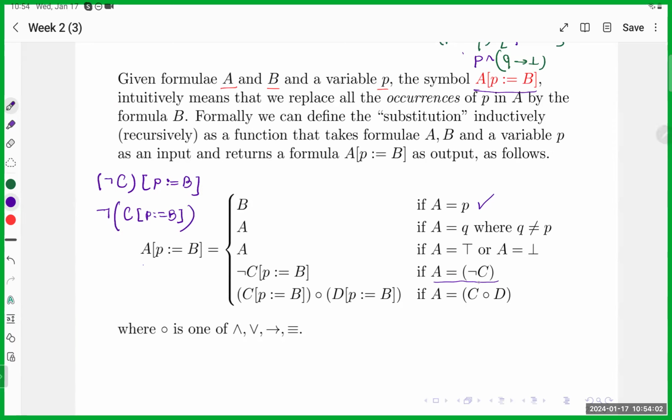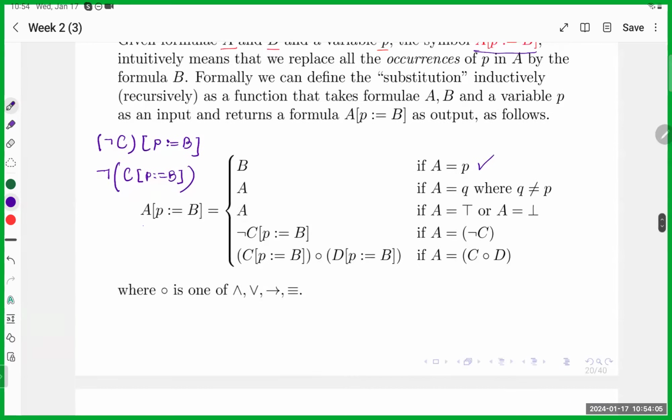Now, in the case of the other four connectives, and, or, implies, and equivalence, since the definitions are similar, let this circle denote one of these four symbols.